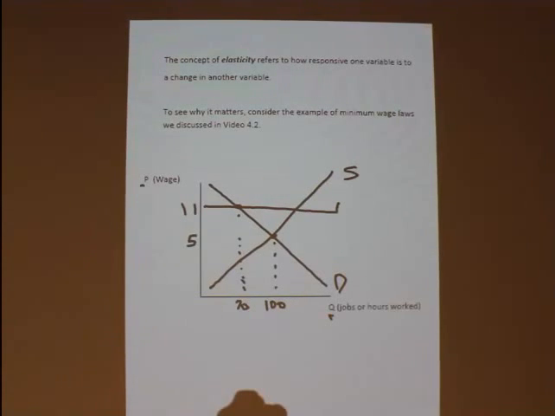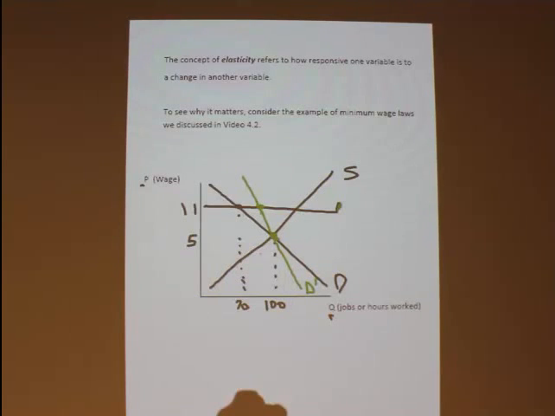But some proponents of minimum wage laws think demand is not that responsive. In other words, it looks more like this. Then, if this is what demand looks like, we have the equilibrium point here as before, but once the minimum wage goes into effect, quantity demanded falls, but not by as much, right?